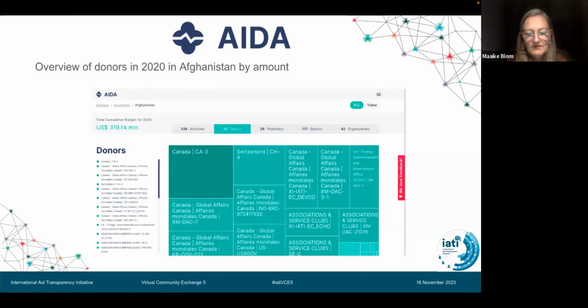So, for example, this is just an example: what are the donors in Afghanistan by amount? The boxes actually represent the size of a particular donor, so you immediately get some additional information on what amount a donor represents.